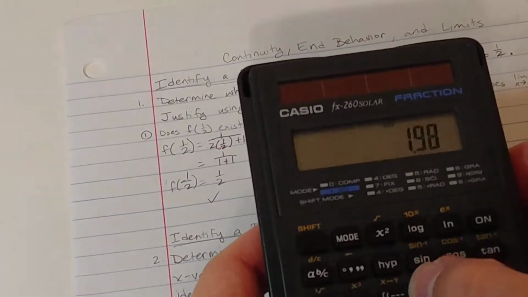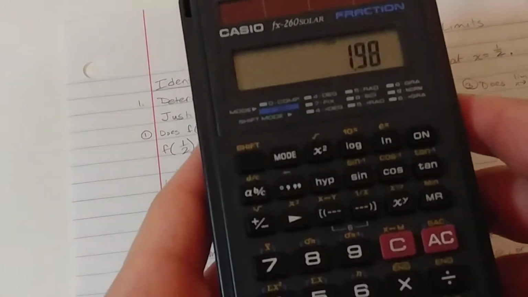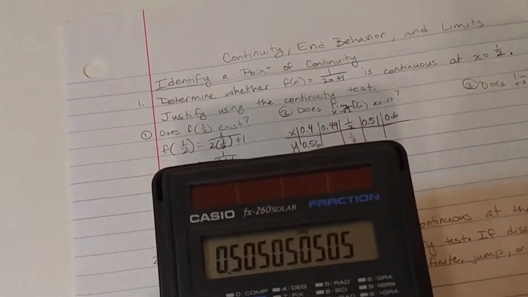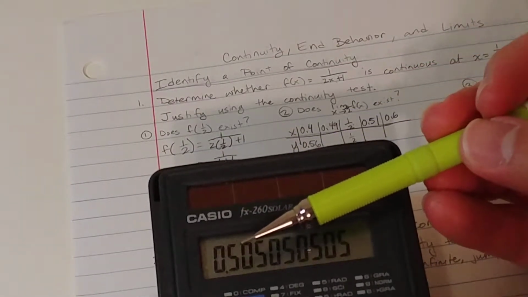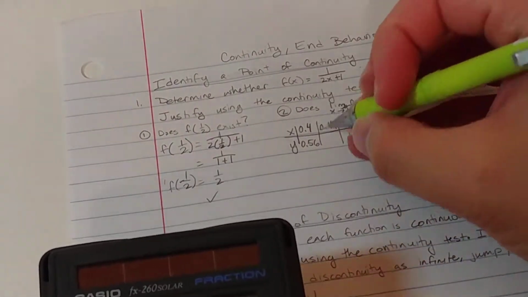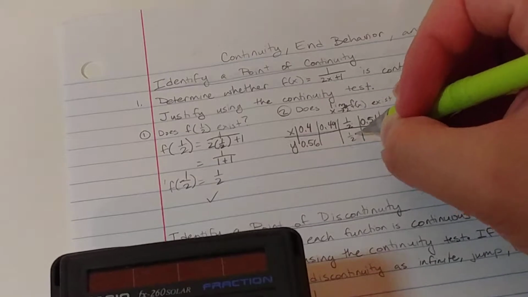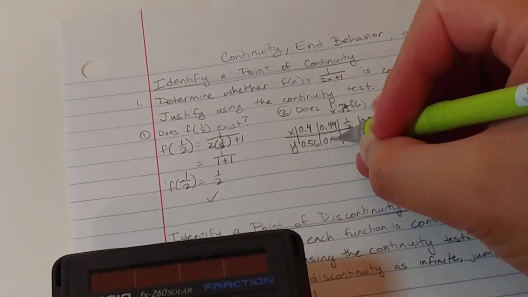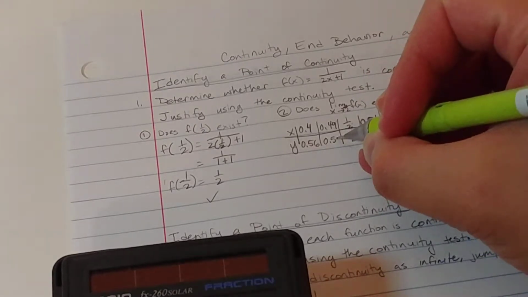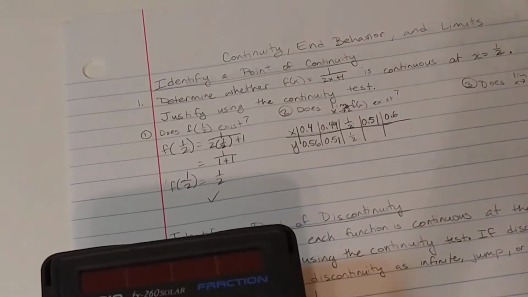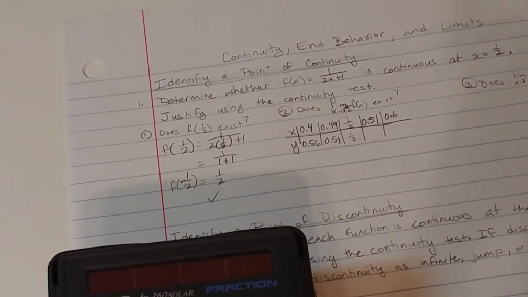Close parentheses and equals, and you get 0.505. You see how it's getting smaller? Before it was 0.55555, now it's 0.505050. So it's getting smaller and smaller and closer to 0.5, because that's our y for 1/2. Ooh, it's looking good so far. So on the left side, as it's approaching 1/2 from the left, it looks like it's continuous.